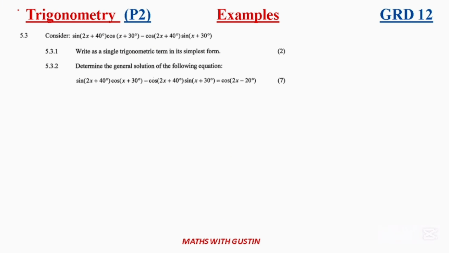So the last question, 3.5.3.1, says write down a single trigonometric ratio. So what do we have here? We have sine, cos, then cos, sine.